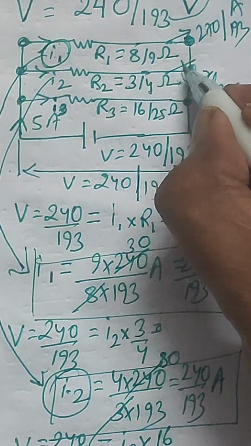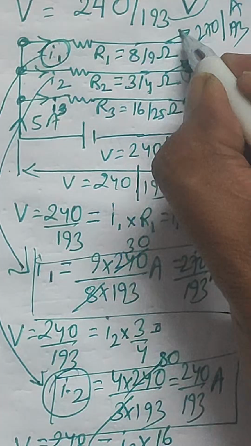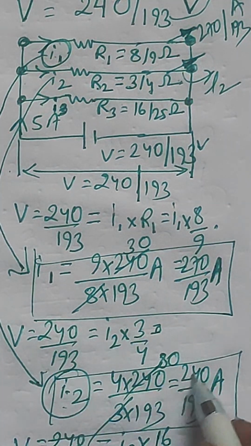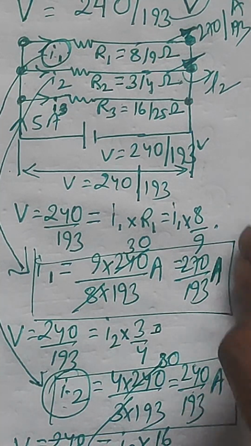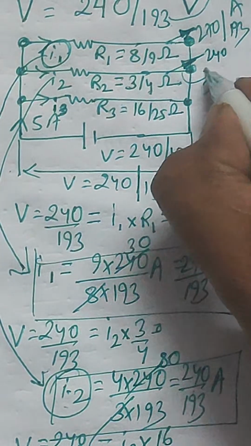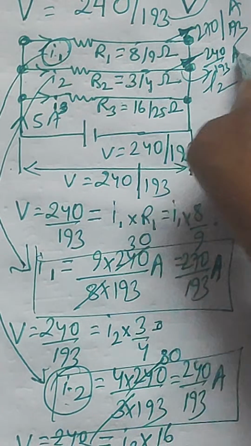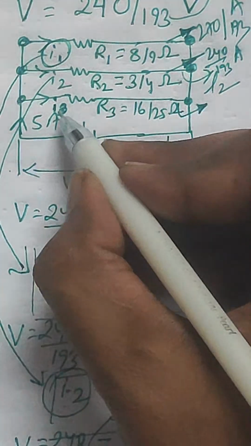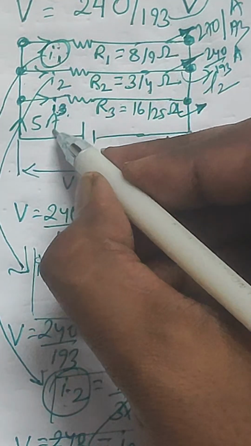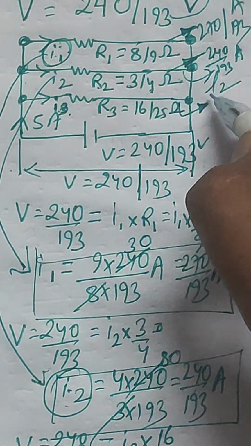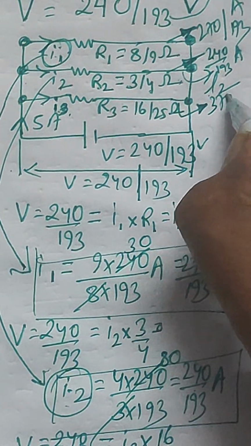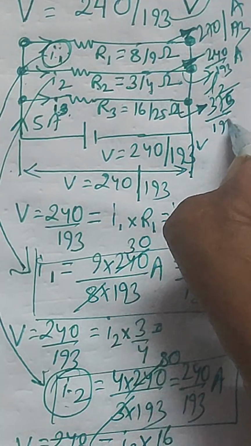Into the second branch, it will be I2, 240 by 193 ampere, right? And into the third branch, here you can see I1, I2, I3, I am writing these values only. So I3 is coming at 375 by 193 ampere.